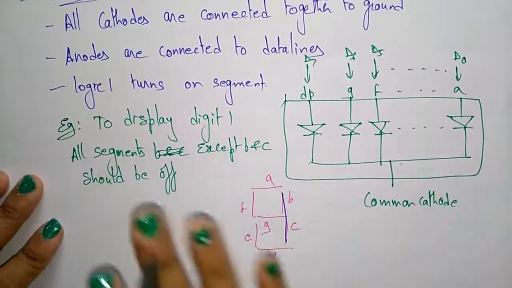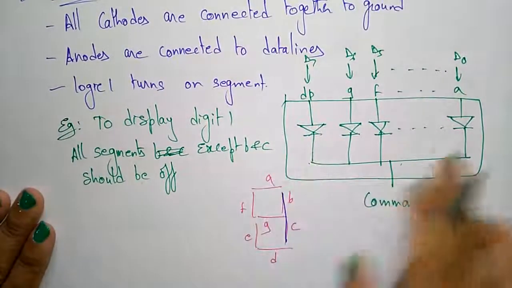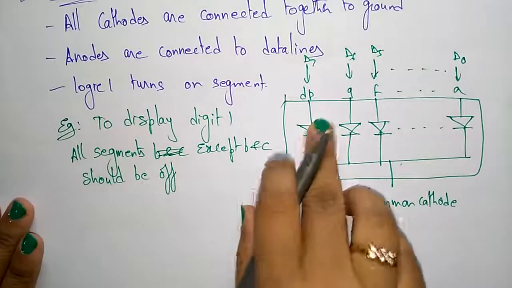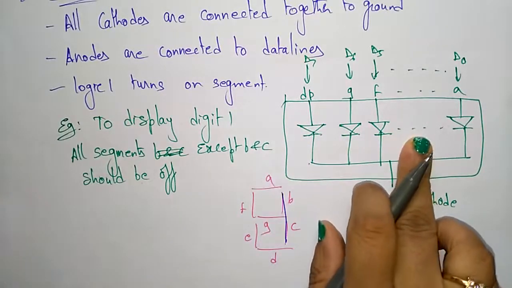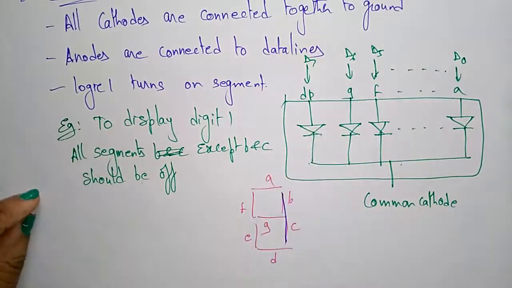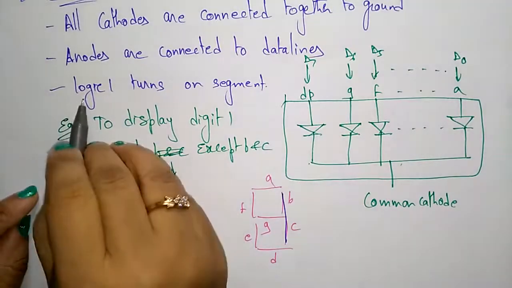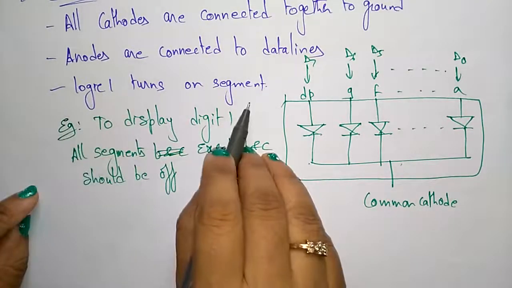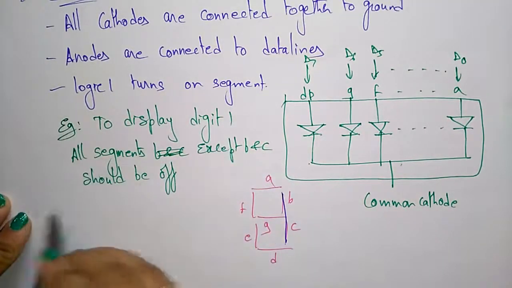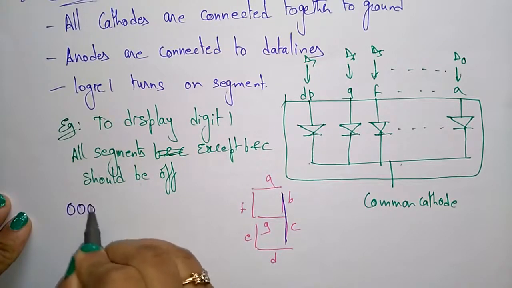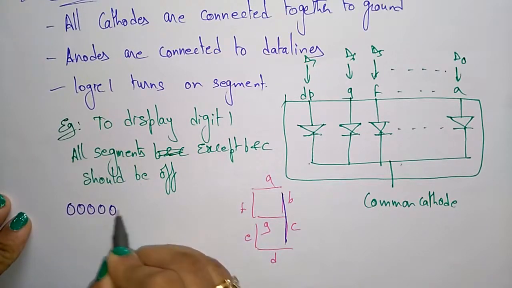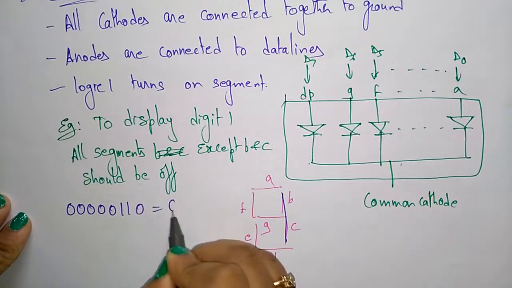Off means here if you have connected all these diodes to common cathode, then it turns to this logic 1. The segment is turned to logic 1, turns on the segment. So it represents 0, 0, 0, 0, 1, 1, 0. You will get 0, 6.